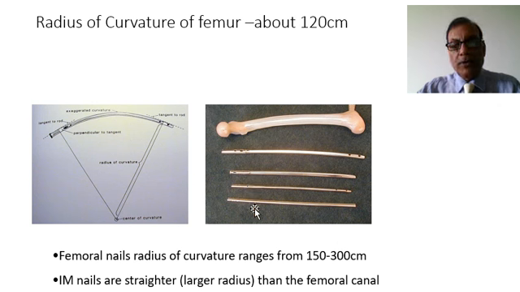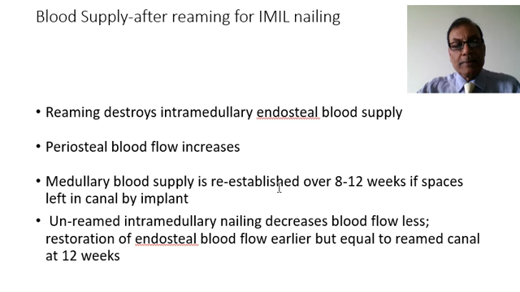Now see one more peculiarity, the radius of curvature is usually 120 centimeter. It is curved 120 centimeter, whereas our nails which we are going to put inside are straighter. Their radius of curvature is 150 to 300 centimeter. Remember some of the special features when you are putting an intramedullary interlocking nail: you have to ream the medullary canal to have the larger diameter nail fitted in.